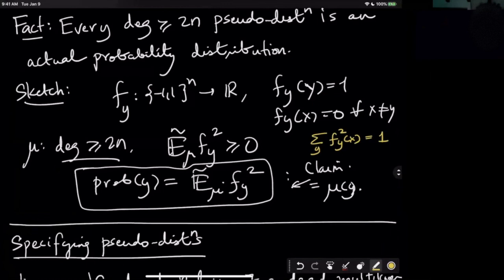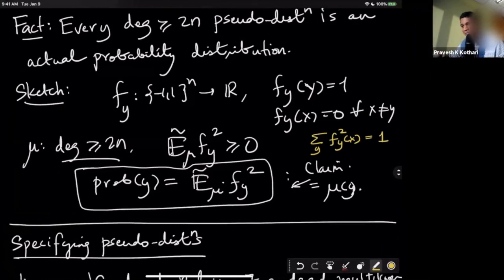Which is again not surprising, because fy picks out one single y, so they add up to 1. And so by linearity, the expectation of this must equal 1, because mu is a pseudo distribution, so the expectation of 1 must be 1. And so at least I've convinced you that what I defined is a legit probability distribution. It's always non-negative and it adds up to 1 on the hypercube.